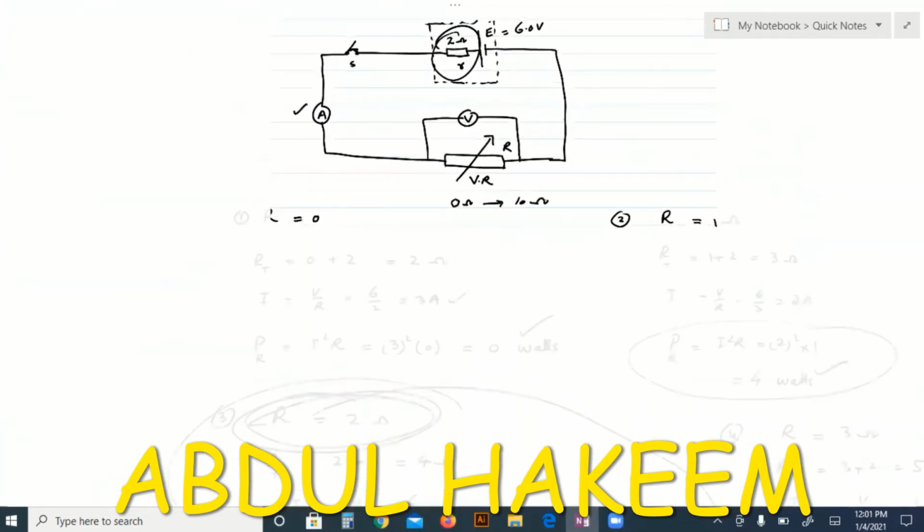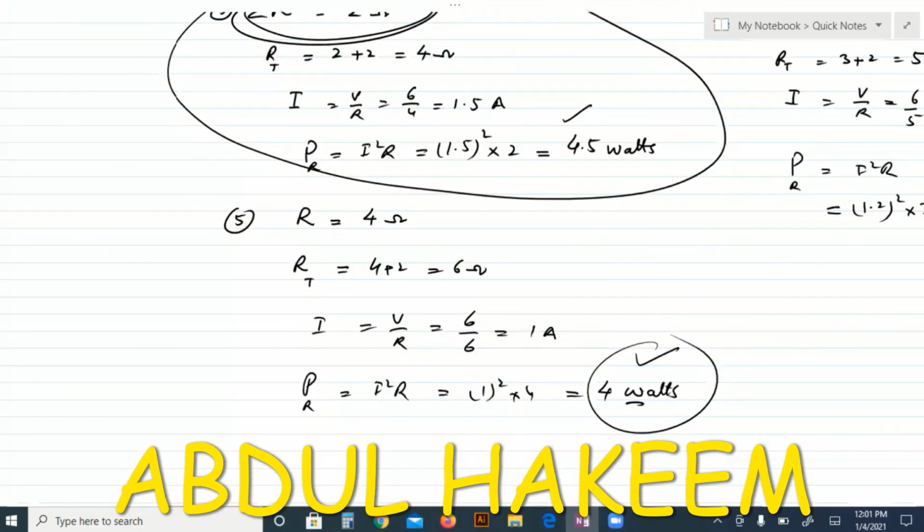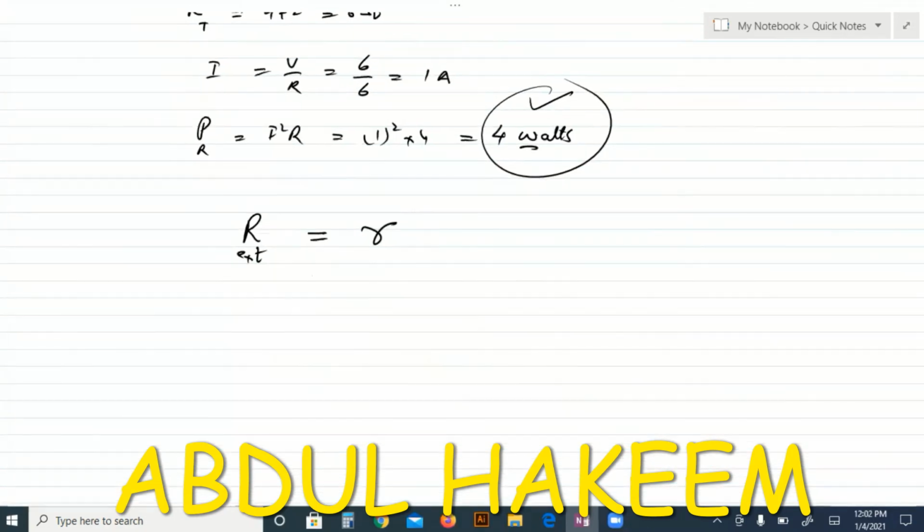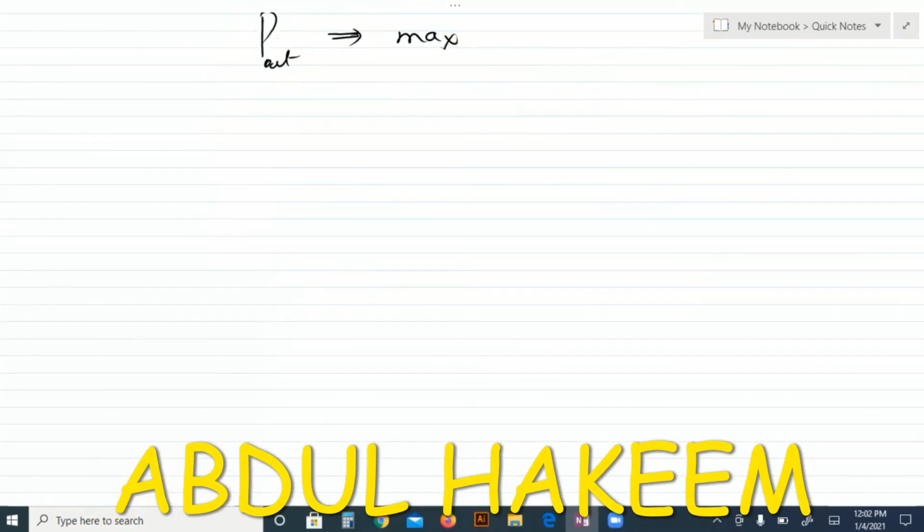Means the maximum output power from any circuit is possible when the resistance of the external circuit is equal to the internal resistance of the cell. So when the external resistance is exactly equal to the internal resistance, then the power output will be maximum. And this concept is called the maximum power theorem.